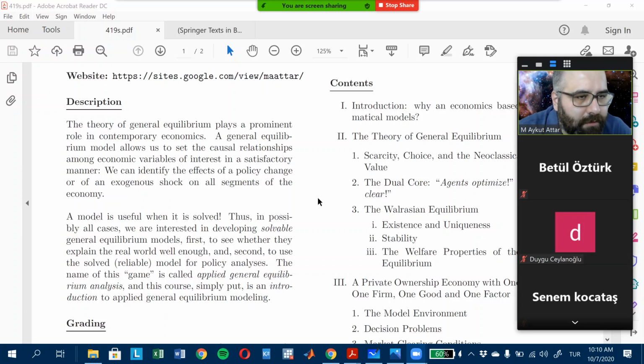But of course, we want to use general equilibrium theory through models that we can actually solve. So we need solvable models. Models should be interesting enough by touching reality, of course, but also they must be simple enough to be solved and analyzed.